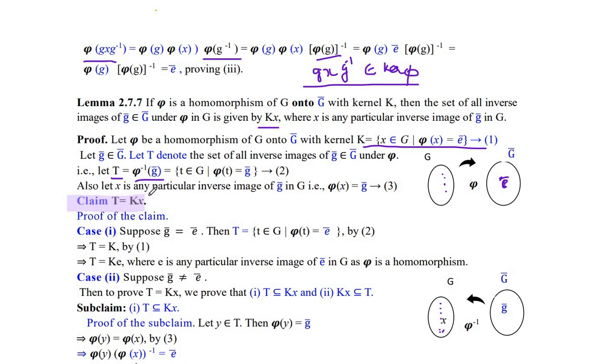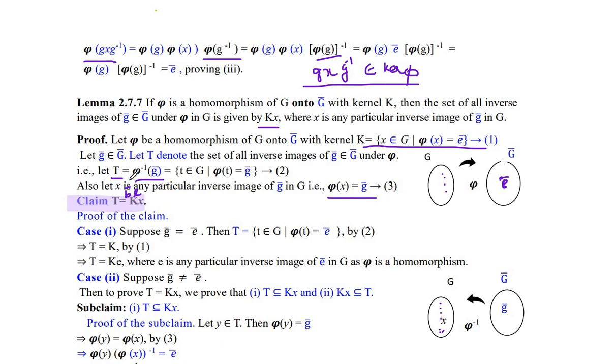Now if X is any particular inverse image of G bar, then how can we express that? It is phi of X is equal to G bar. For this G bar, the particular inverse image, that's given in the statement itself. So we have this.